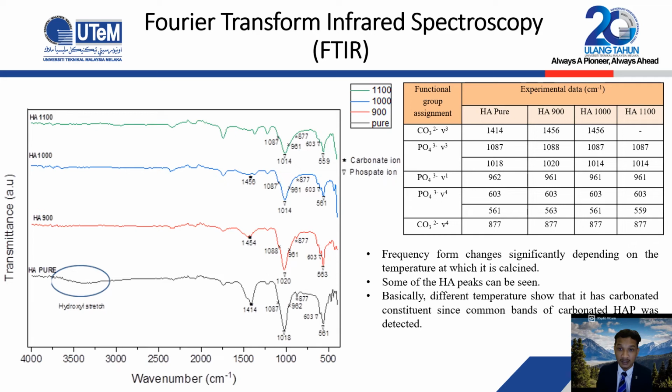According to McAdary and others, an increase in carbonate ion concentration reduces the crystallinity of the produced HA. The FTIR results are supported by the XRD results before, where HA produced at 900 degrees Celsius has lower crystallinity compared to 1000 degrees Celsius and 1100 degrees Celsius.